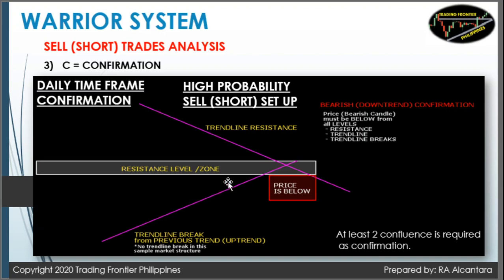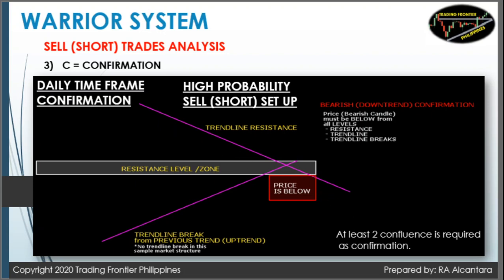Lahat to ay key resistance level or zone. So, at least two confirmations. So, sabi natin, bearish downtrend confirmation, price bearish candle must be below from all levels, resistance, trend lines, trend line breaks, or yung counter trend line.